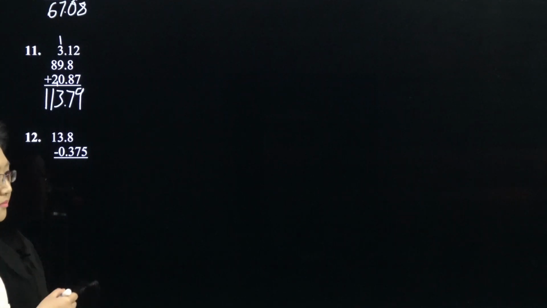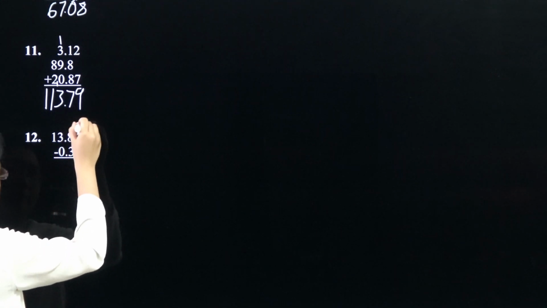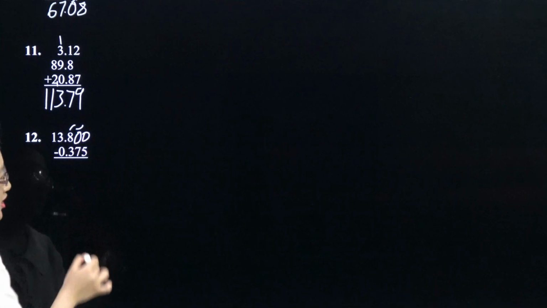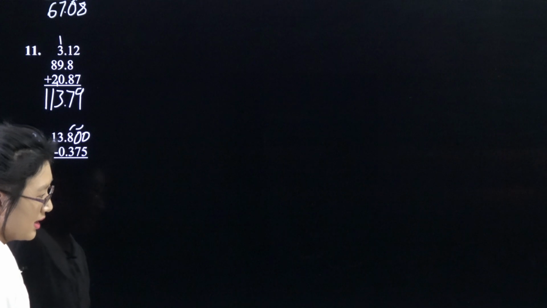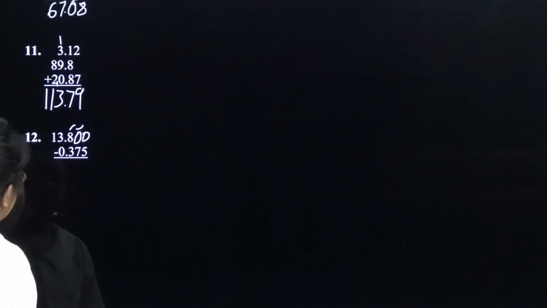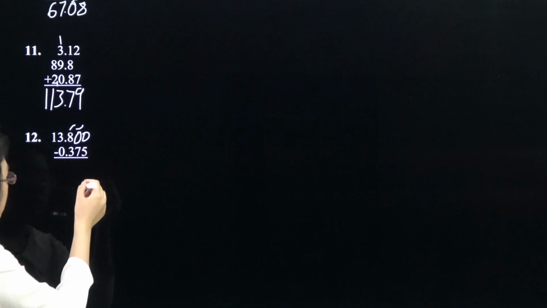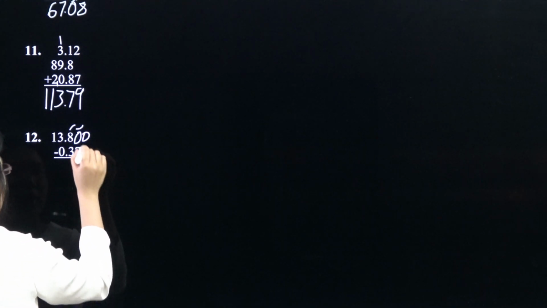Here, it's subtraction again. And here you might want the zeros for regrouping purposes, because last time I checked, nothingness minus 5 is a negative number. And you don't really do negative numbers when you're doing stuff like this. Now, 10 minus 5, 5.